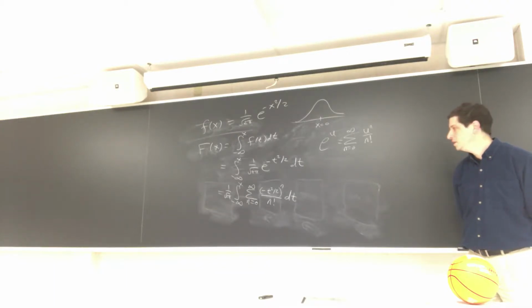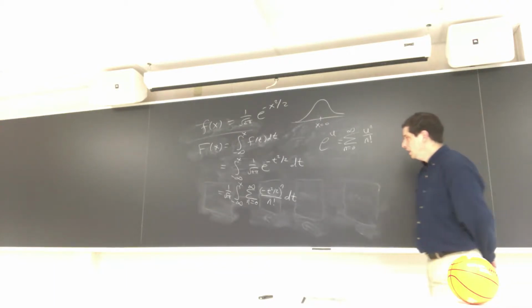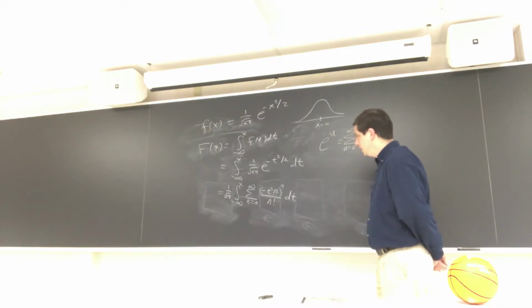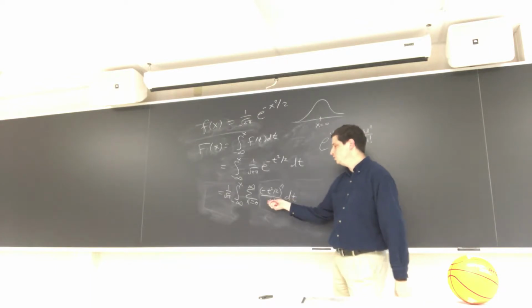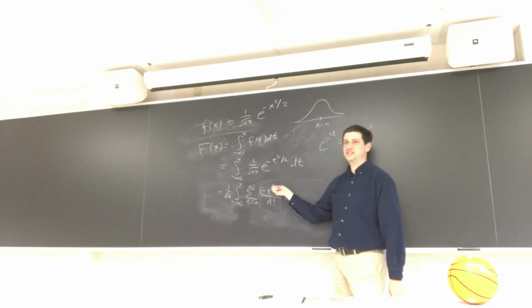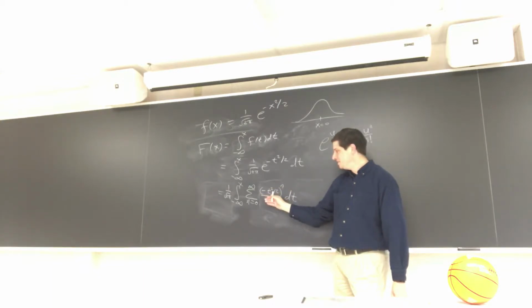Yes? It looks a little bit like a geometric series. A little bit. If you have negative t squared over 2 as a... Right, the problem is we have the n factorial down below. So each term is not the same as the previous by just a scaling factor. If we didn't have the n factorial, we could do that.